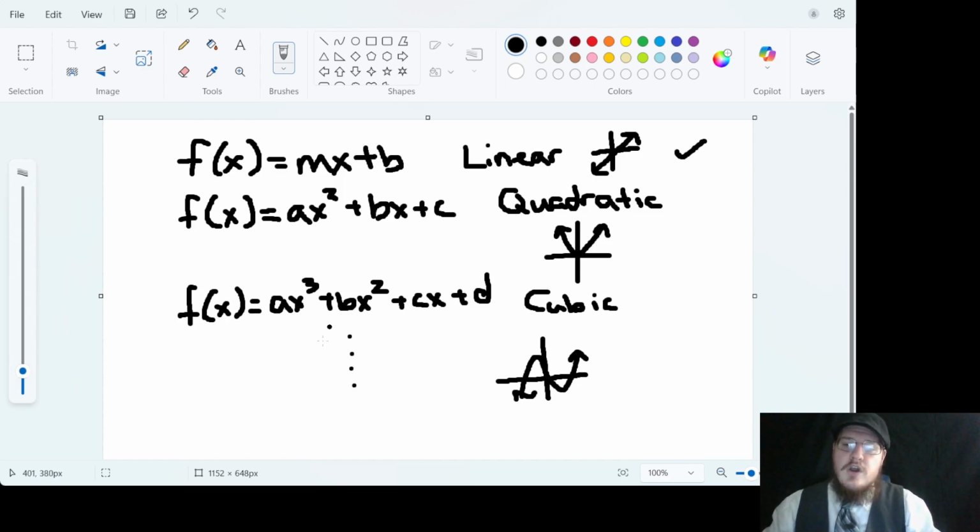I'm going to forego going onto the cubic because we won't need to worry about that too much dealing with graphing quality stuff. But when we get to actually talking about the derivatives, then I will discuss more on the cubic. But the big functions that you typically deal with are linear and quadratic.